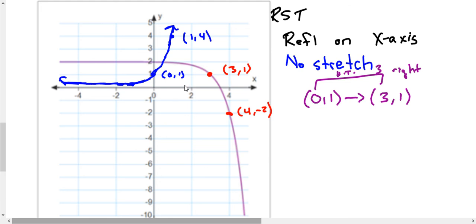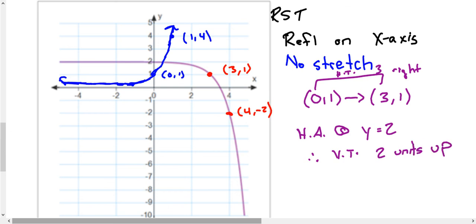But right now, with that horizontal translation 3 to the right, we also need to figure out any vertical translations. We definitely have one because our horizontal asymptote was originally at 0. Now our new one's at 2, so because of a horizontal asymptote at y equals 2, we therefore have a vertical translation 2 units up.